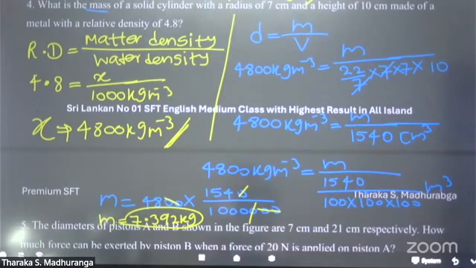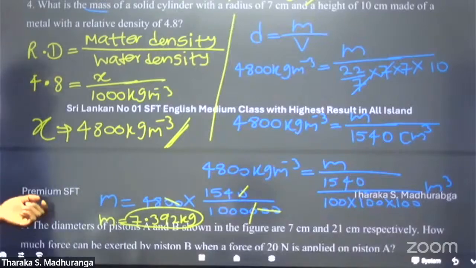Only unit conversion, relative density, and only one basic Bernoulli question. Okay, can I erase and go to the next question?